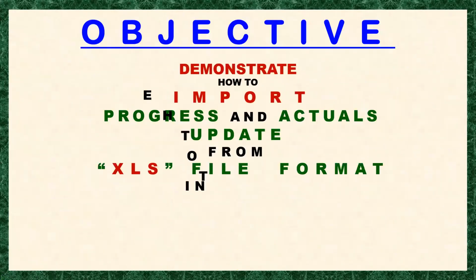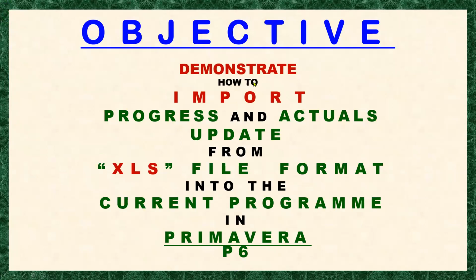Here we go. Our objective here is to demonstrate how to import the progress and actuals update. It is called progress because this is about the activity progress, the actual start and finish dates, and the percentage of the activity accomplished.